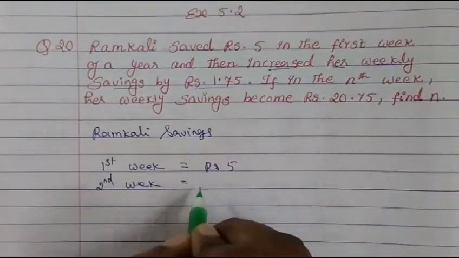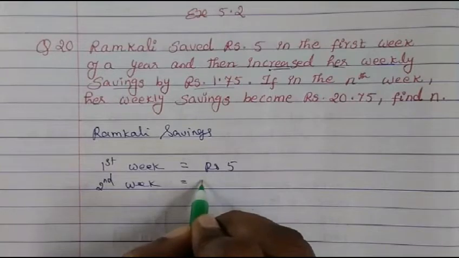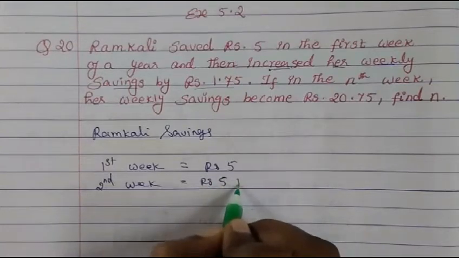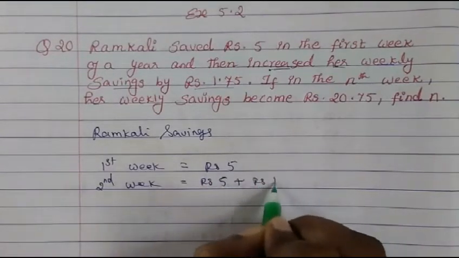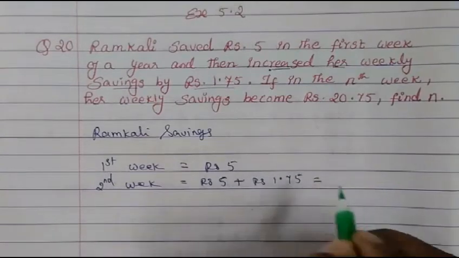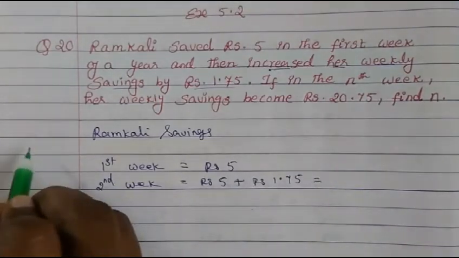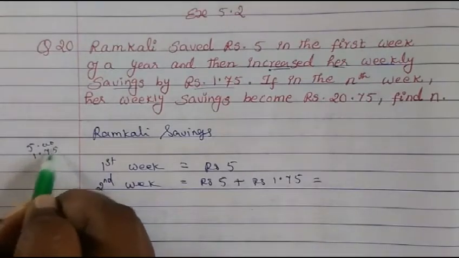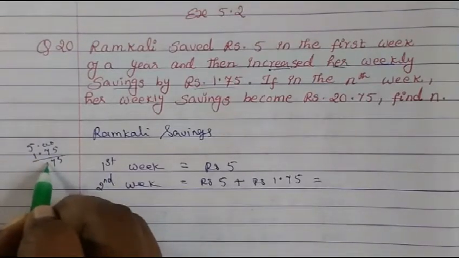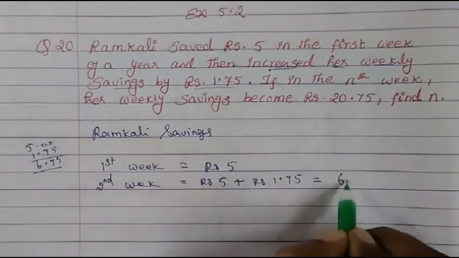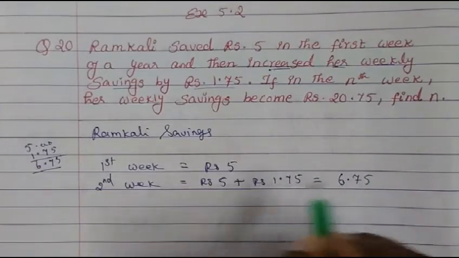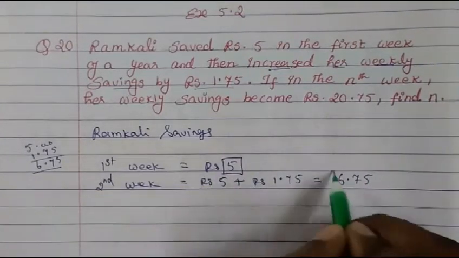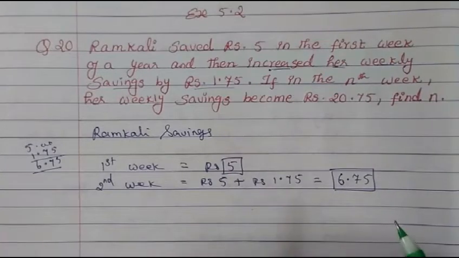So that means second week it will be rupees 5 plus rupees 1.75, which will give us 6.75. So first it was 5, then it is 6.75.